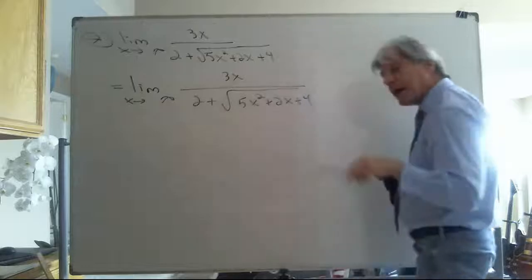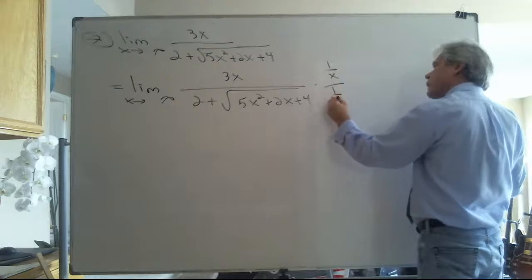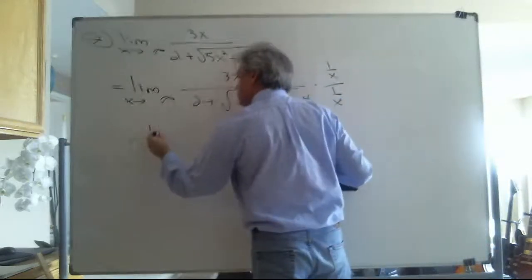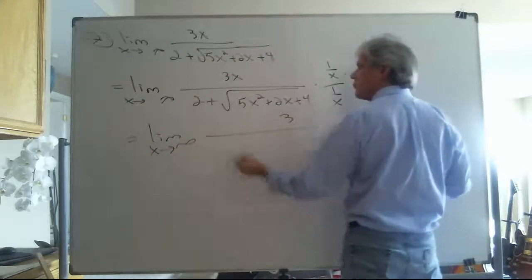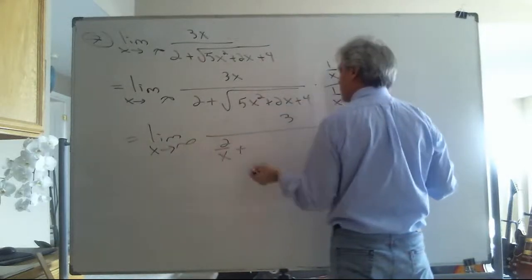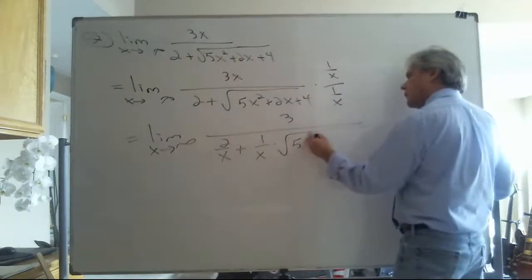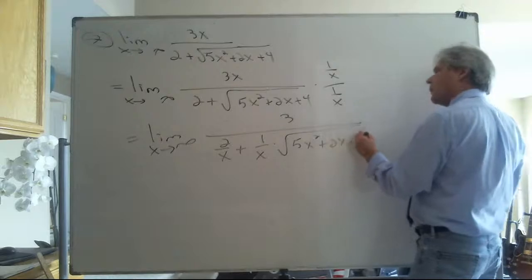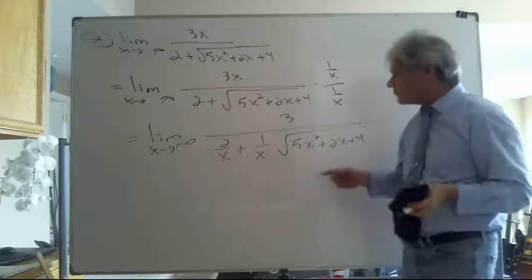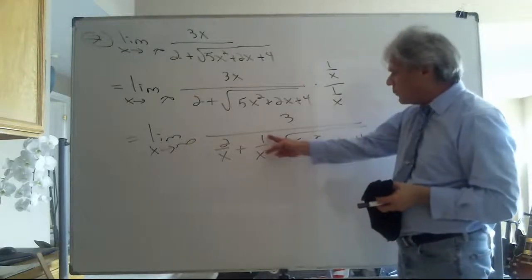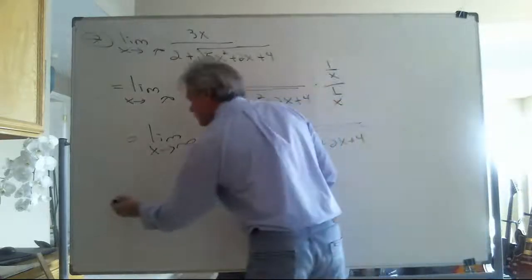And since that's the highest power downstairs, namely 1, then I'm going to multiply top and bottom by 1 over x to that power. Now, I'm not liking what I see in the sense that technically speaking, I can't bring this 1 over x underneath the radical, unless I can rewrite that as a radical expression, but I can.